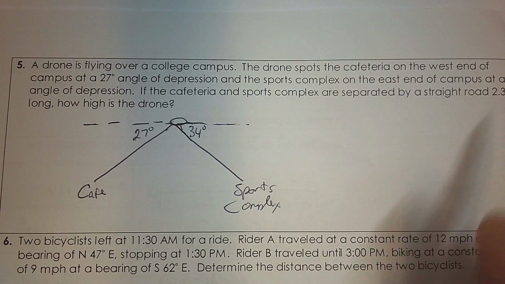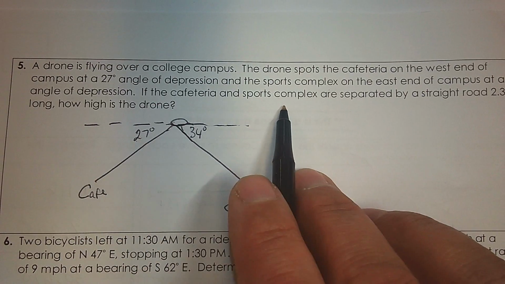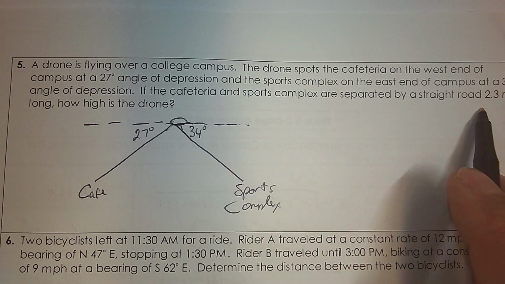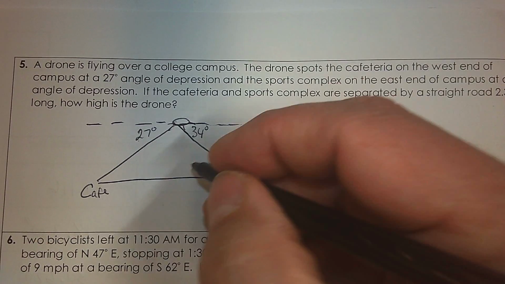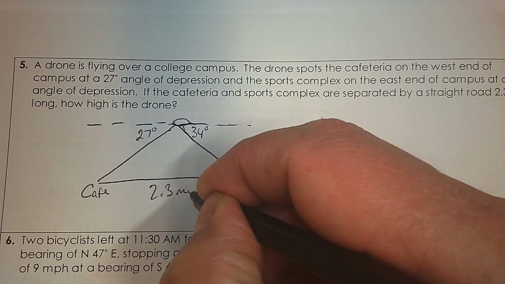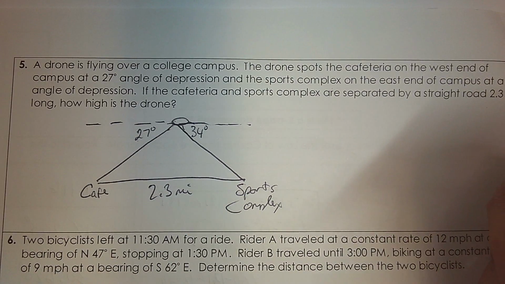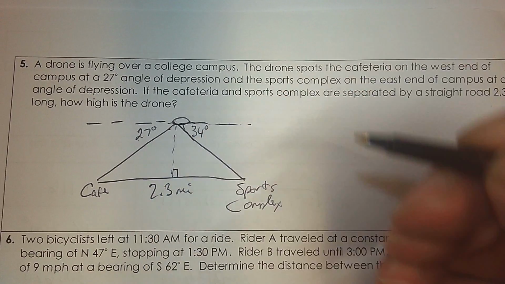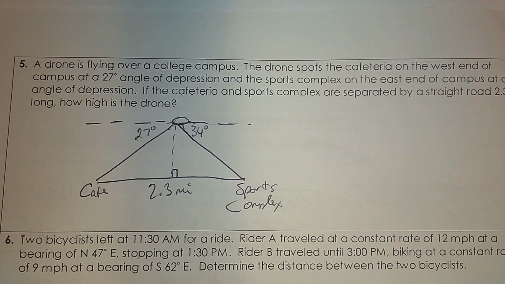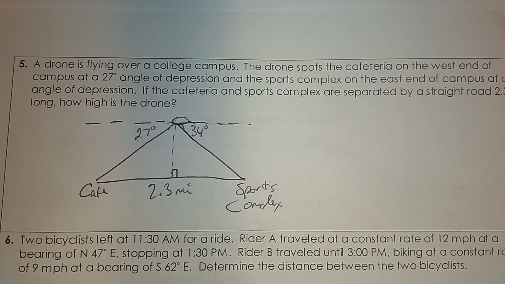And then it says, if the cafeteria and sports complex are separated by a straight road, so this length right here is 2.3 miles. How high is the drone, which is this part right here? How high is this drone? So that's my goal right there, is to figure out how high it is using that information.